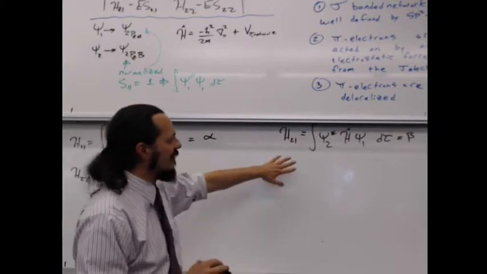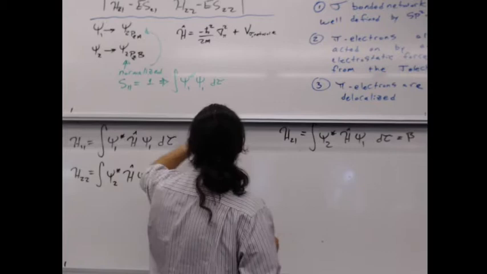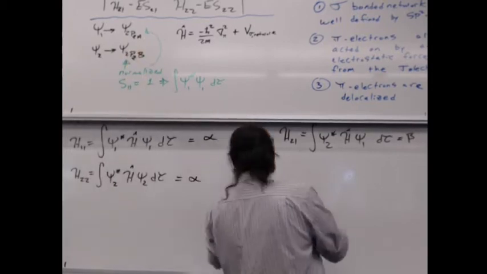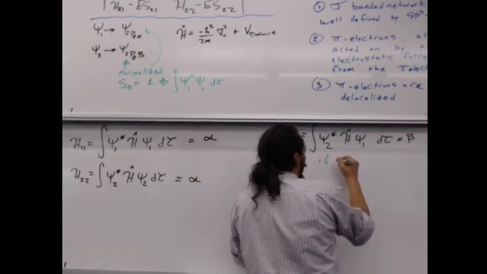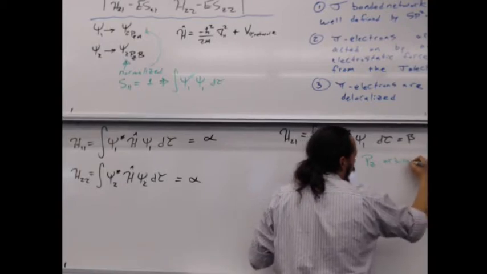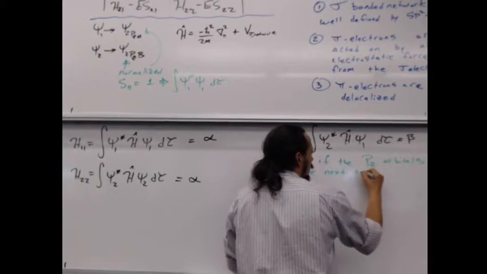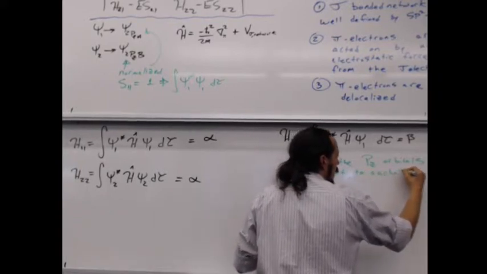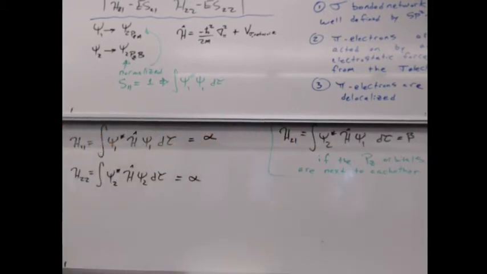Now there's a catch that we're going to look at as we go to bigger systems. But in order for this to work out, we've got some approximations. Another thing that we have to do. So this H21 is only going to actually exist if the p orbitals are close to each other in space.